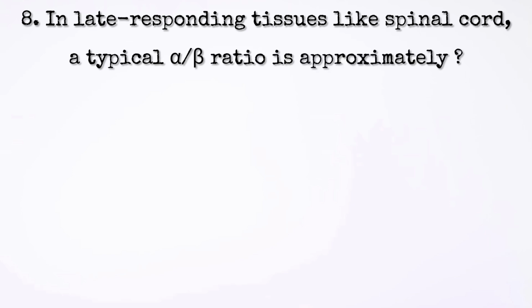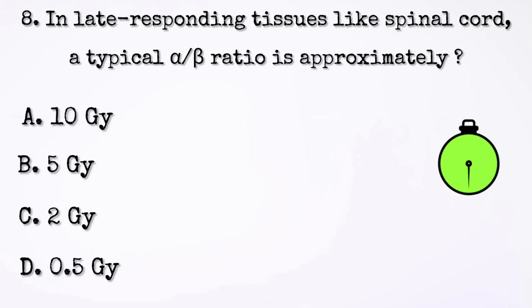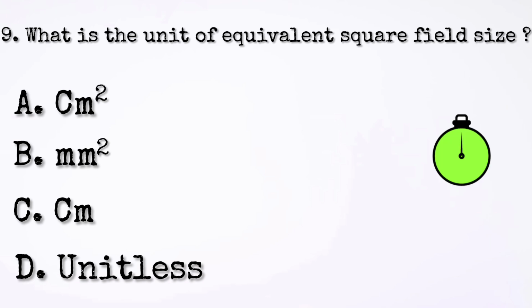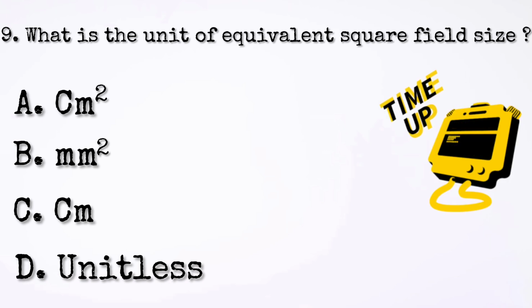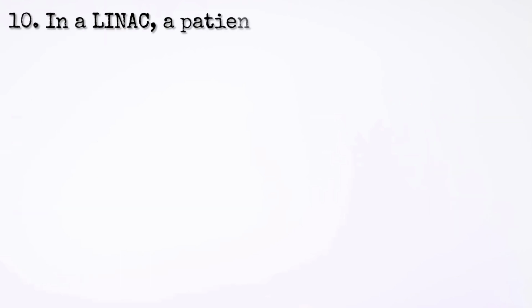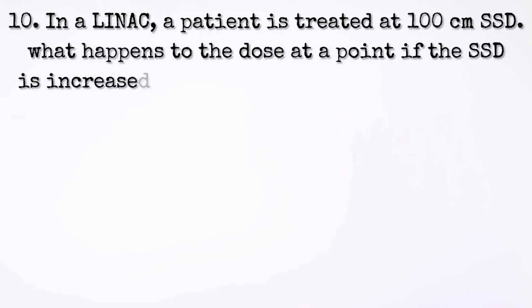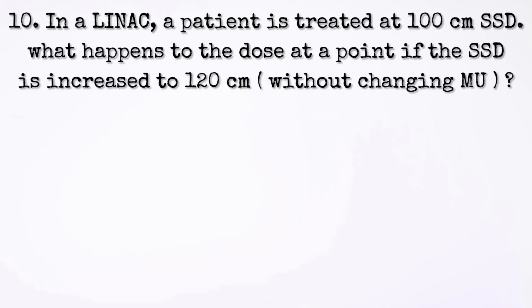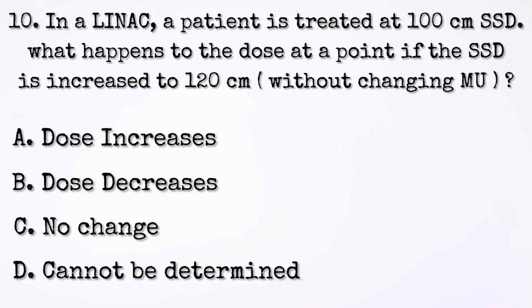In late-responding tissues like spinal cord, a typical alpha by beta ratio is approximately? What is the unit of equivalent square field size? In a LINAC, a patient is treated at 100 cm SSD. What happens to the dose at a point if the SSD is increased to 120 cm without changing MU?